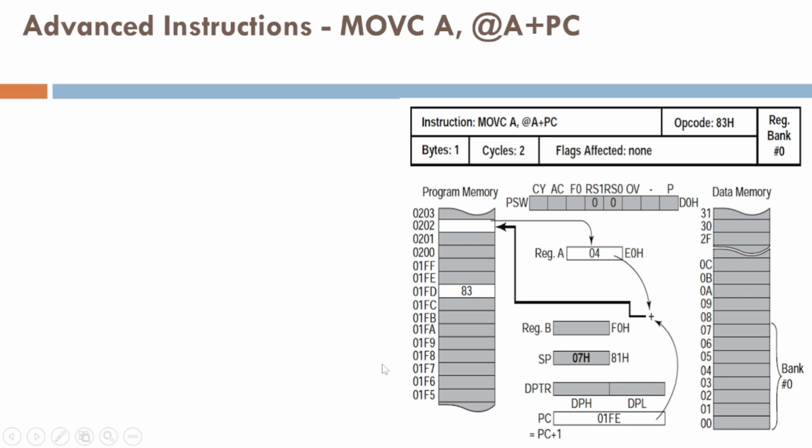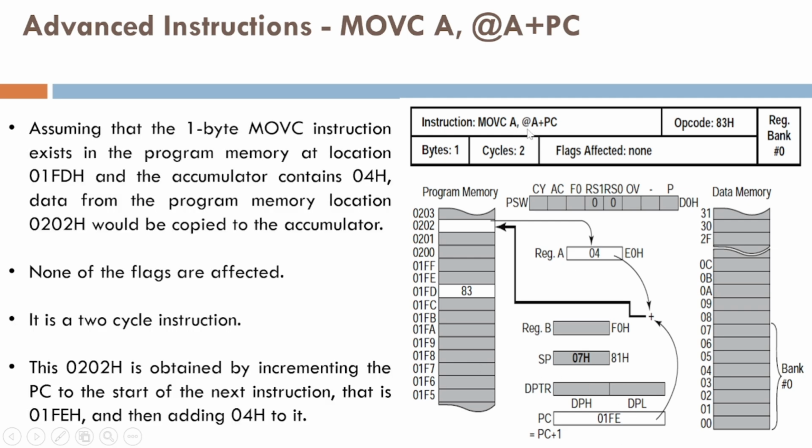Let's see here. In this case, the operational code of MOVC A, @A+PC is 83. Again, it's a 1 byte instruction. Now, it was loaded into the location 01FD. At 01FD, the program counter automatically increments to the next.